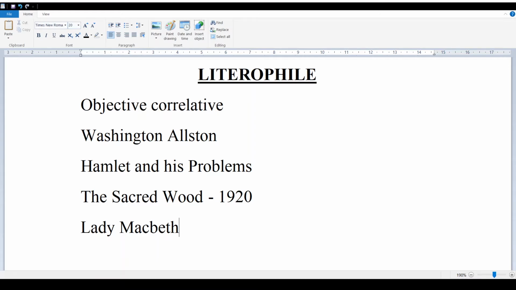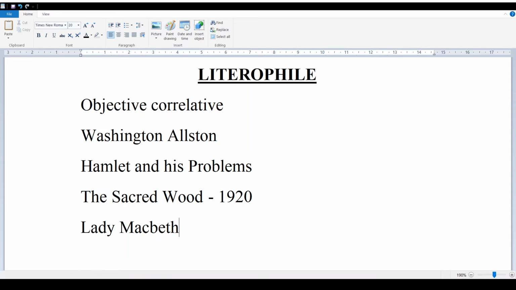That event triggers within the spectator a similar feeling of desperation, trauma or guilt. Through the washing of hands, the guilt generated within the character is directly transported to, or equally generated within, the spectator or the viewer.